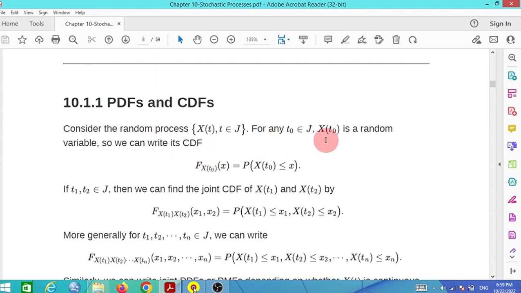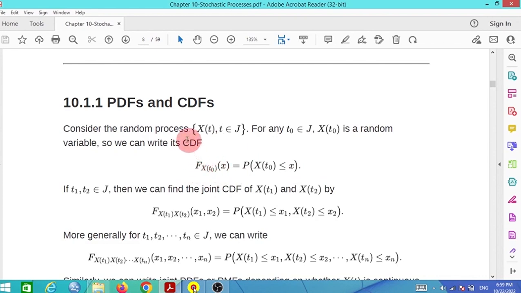So in general, if x is continuous, not in time, continuous for value of x at time t, or discrete, we can define the cumulative distribution function same as this, okay?